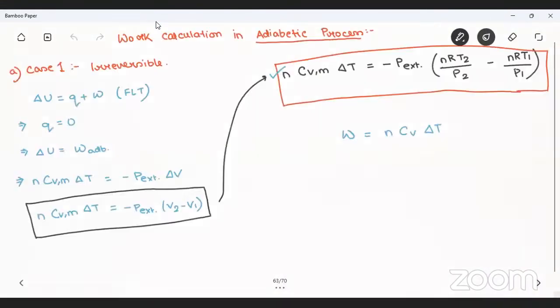I told you, for an irreversible process, we use this formula to calculate the final temperature or the initial temperature, whichever is missing. Then after calculating this, for calculating work done, we will use this formula. Okay, ma'am.